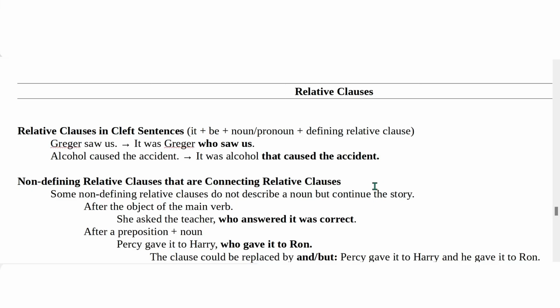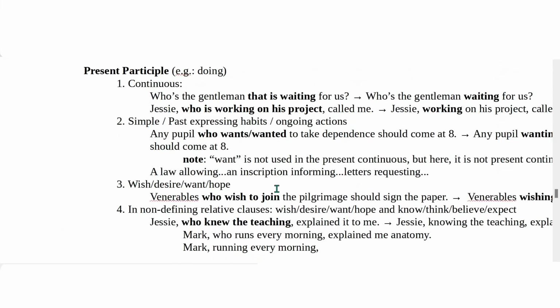Yeah, I think if it was like a habit in the past, then it's okay. Or if it was a present continuous used in the relative clause, then it's okay. But if it's a one-time thing, I think you cannot say it with the present participle. You see? Present participle, either continuous or simple or past, which is the case over here, but it must express a habit.